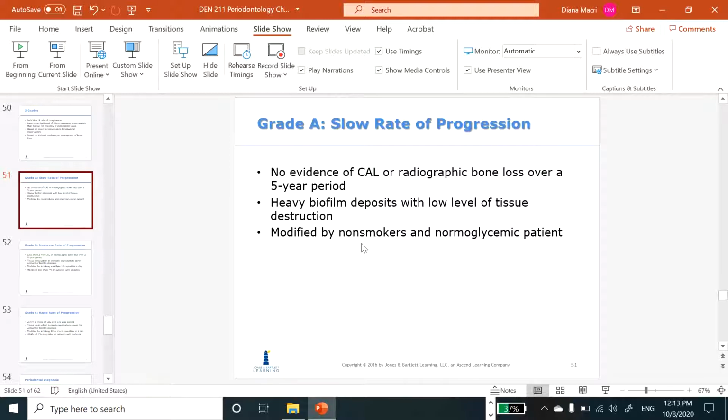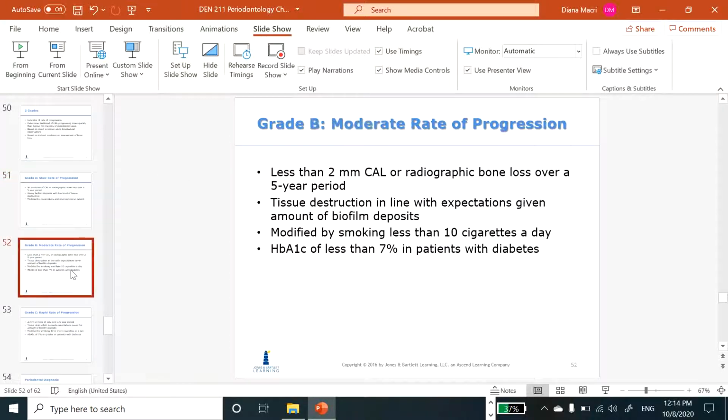However, remember that grade A is if my patient is a non-smoker and doesn't have any sort of diabetic complications. Grade B, however, we do have smoking included in this category. This is for my smokers. If my patient smokes less than 10 cigarettes a day, he's going to be a grade B. And for my diabetic patients, HbA1c less than 7 is the qualification.